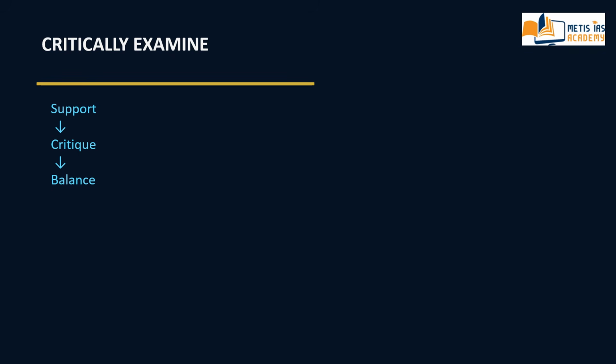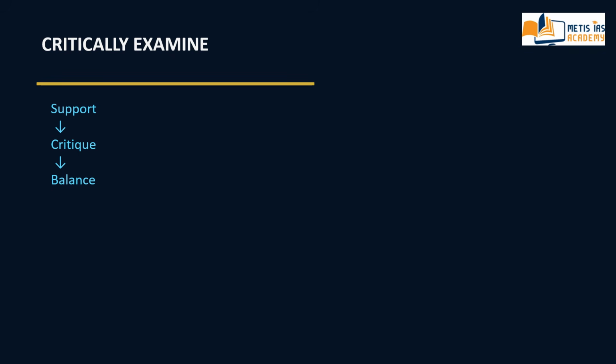Next, directive number 13, critically examine. What is the meaning of critically examine in general? Inspect and challenge. The structure should be: support, critic, and balance. Students often make the mistake of writing only criticism.